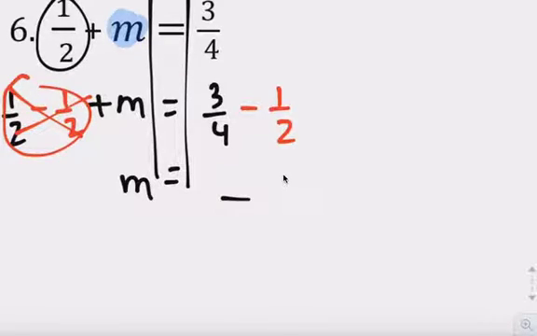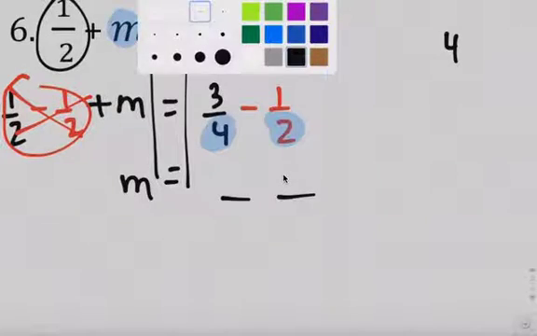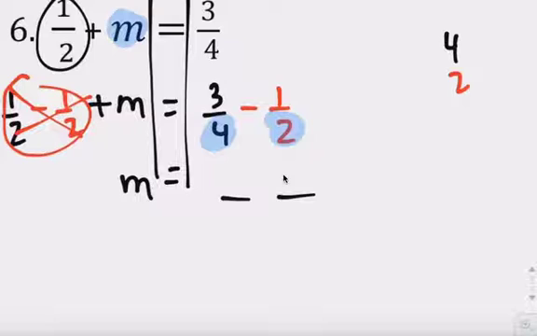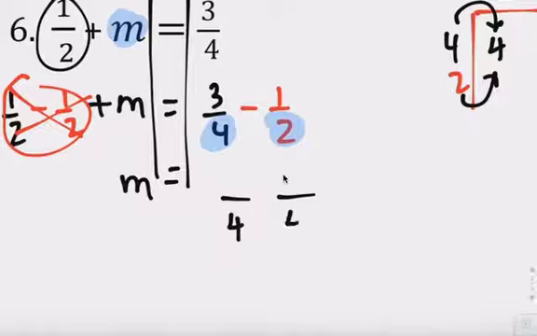equals, common denominator, because they're not the same. Take these two, 4 and 2. What can go into both? Take the biggest number and try that. 4. 4 can go into 4. 2 can go into 4, so the least common denominator is 4. Notice these are the same, so you need to put the same one on the numerator.